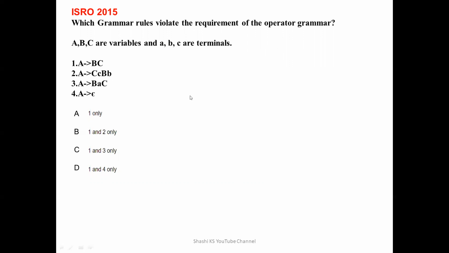Based on these two requirements, if you see A derives BC, you have two adjacent non-terminals on the RHS of the production, so one is not an operator grammar. Similarly, for the fourth option, A derives epsilon, you have an epsilon production, so that is also not an operator grammar. So 1 and 4 only violate the requirement of the operator grammar.